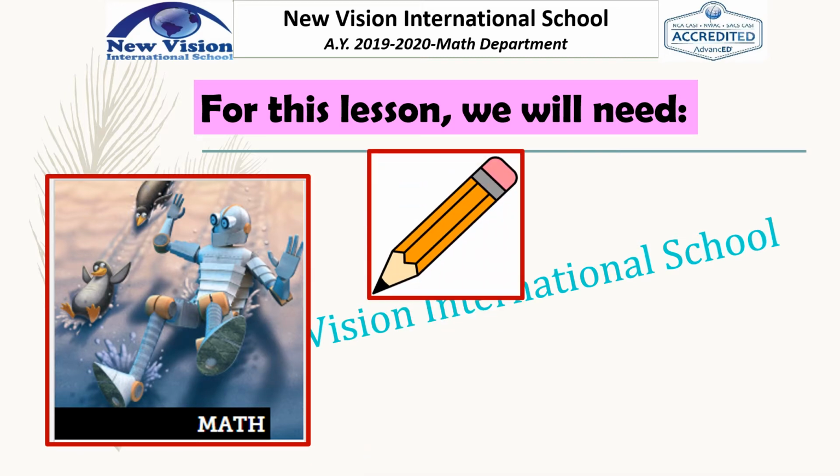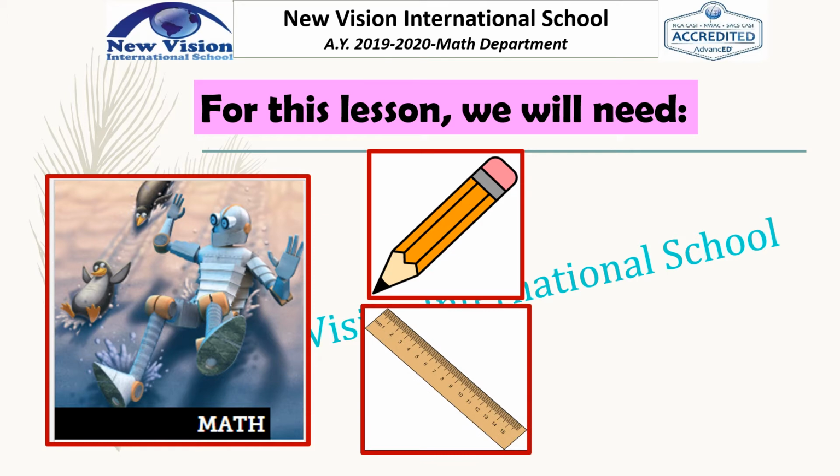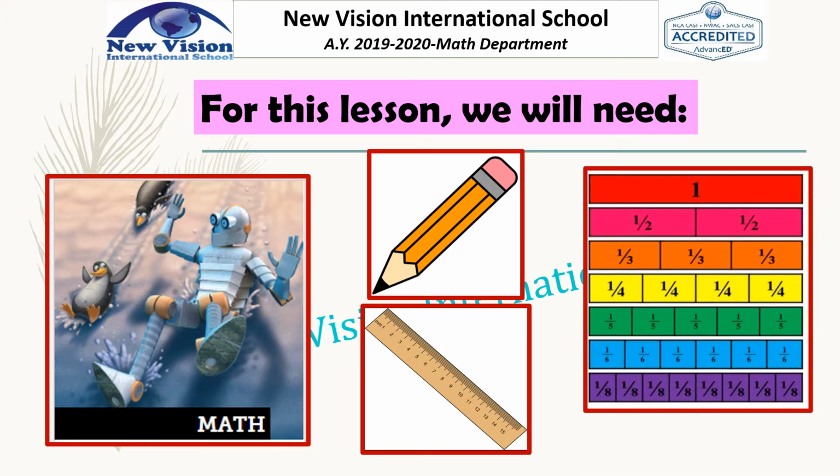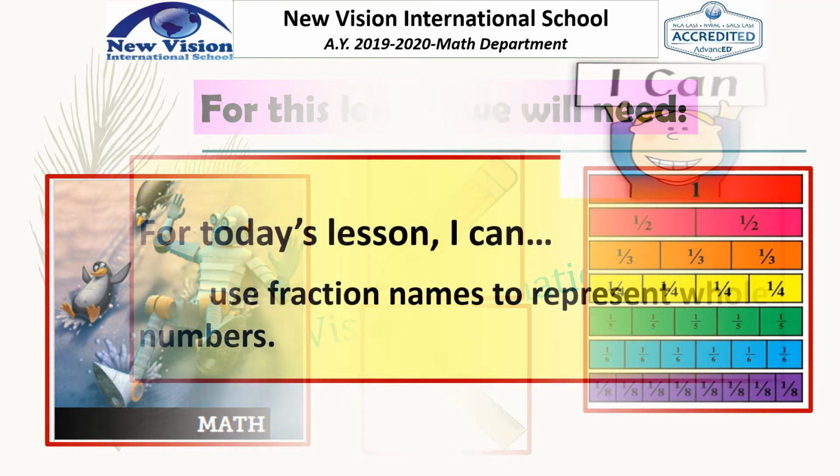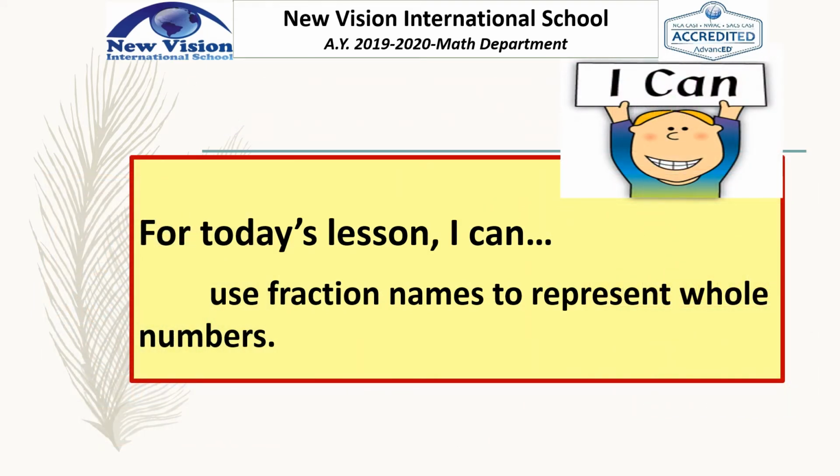A pencil, a ruler for you to make a number line, and some fraction strips if you have them in the house. For the lesson objective, you say, I can use fraction names to represent whole numbers.